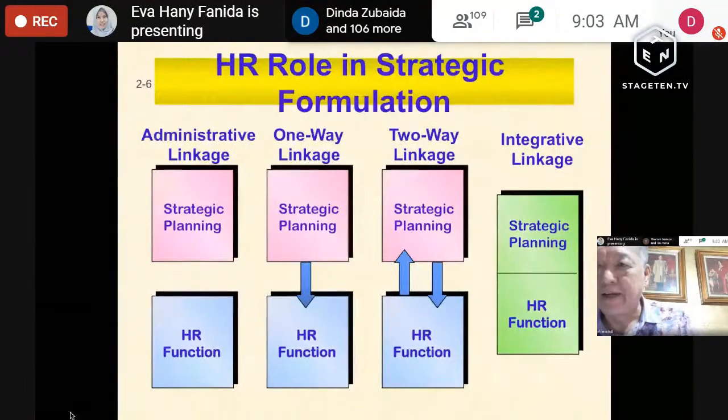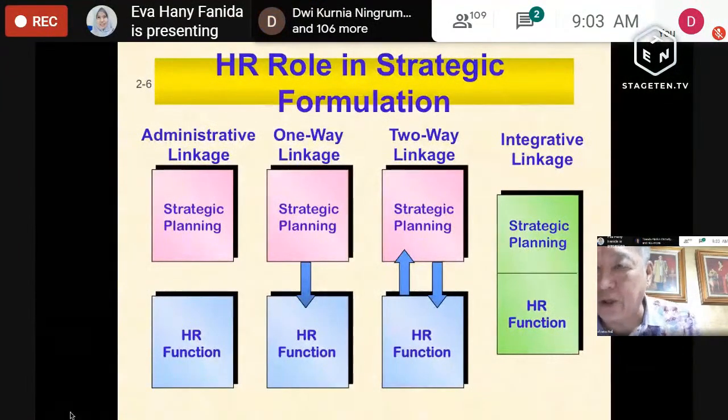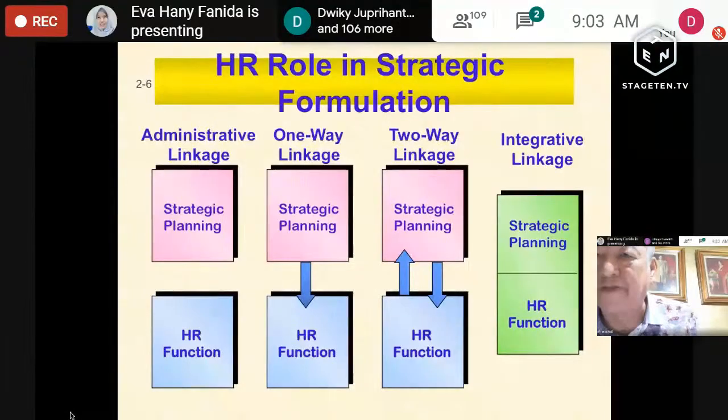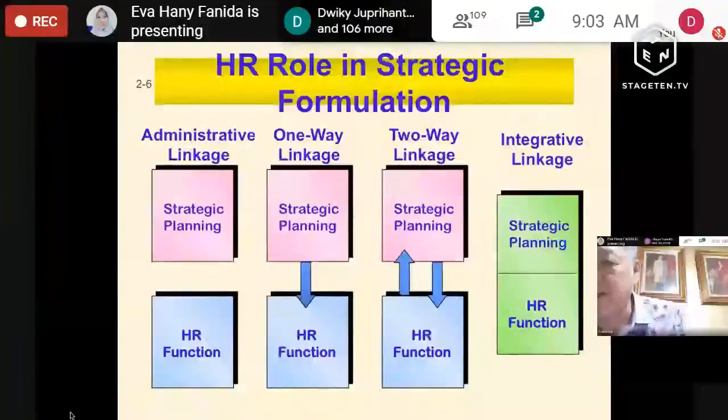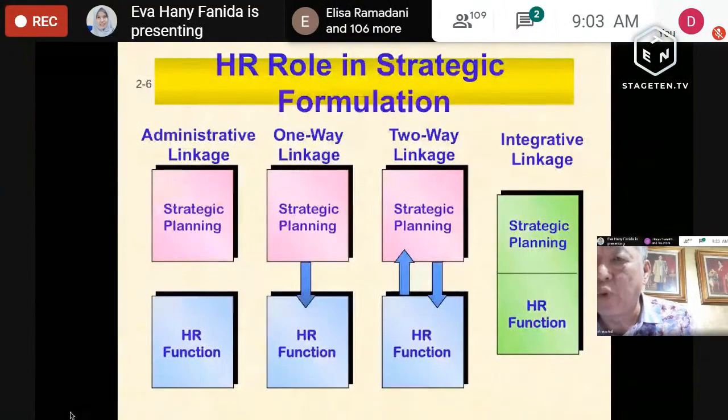Okay, so I want to ask you: which type do you prefer, or would new human resource management prefer to have?